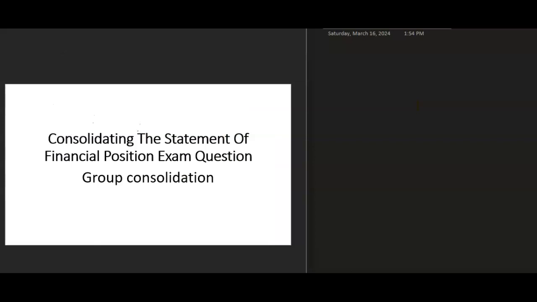Consolidating the statement of financial position, exam question. It was actually an exam question, and it's a group consolidation. Remember, I'm just answering a question. It's not a lecture on the topic itself, so I'll limit my explanation to the question and not the topic at large.